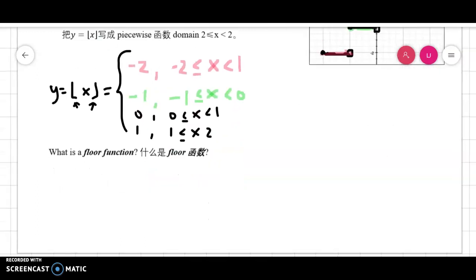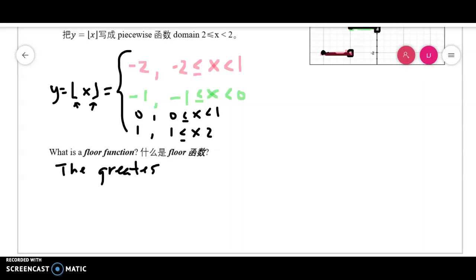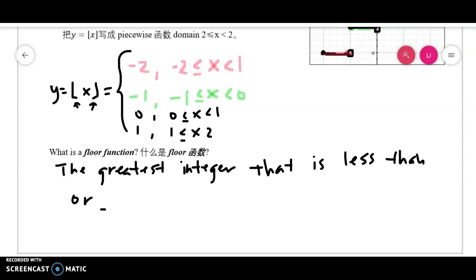So officially, what a floor function is. A floor function is the greatest integer that is less than or equal to our x value.